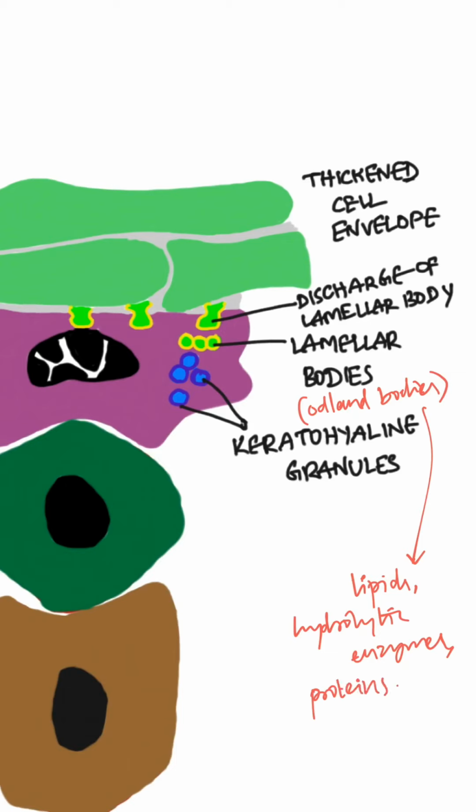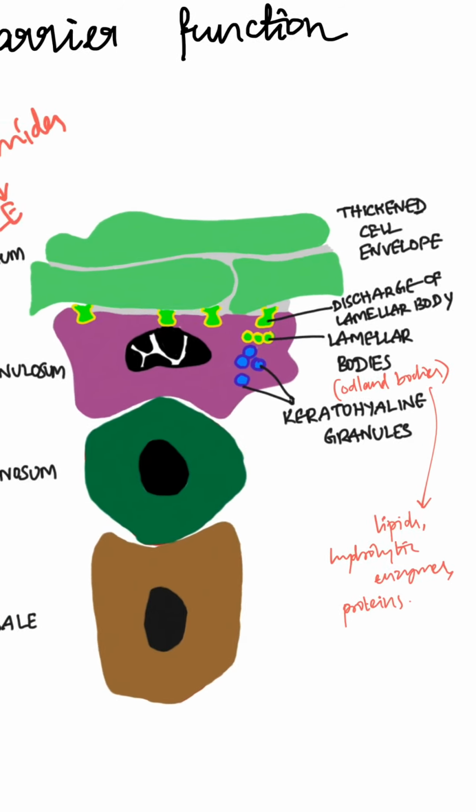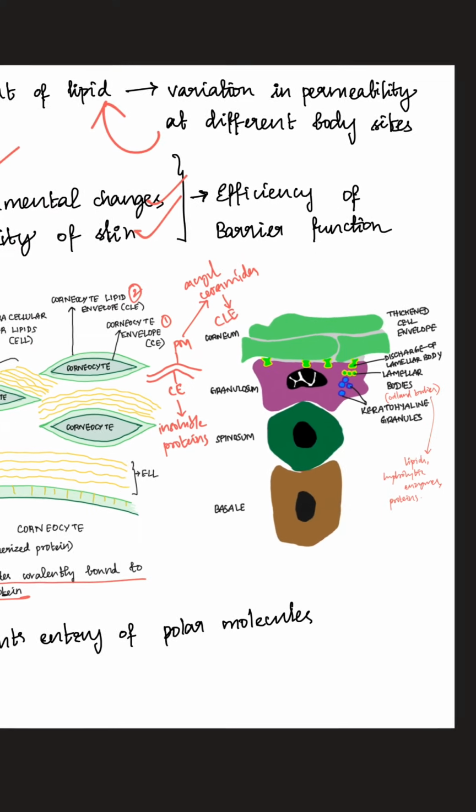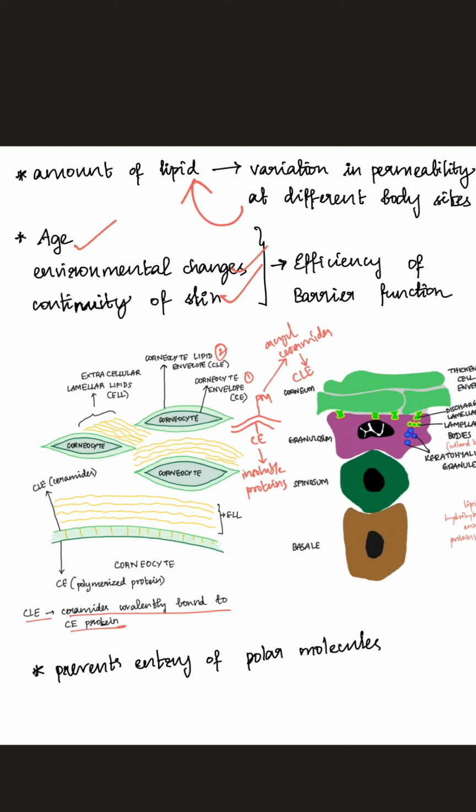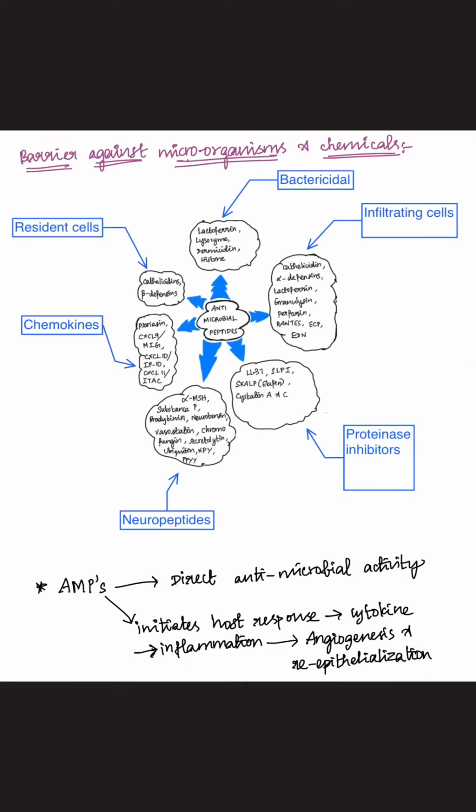These lamellar bodies are discharged from stratum granulosum and they secrete lipids into the intercellular spaces in the stratum corneum, which also helps in the barrier function. This barrier prevents the entry of polar molecules, whereas non-polar molecules are only slowed down. So the entry of polar molecules is totally prevented, whereas the entry of non-polar molecules is only slowed down. This is the barrier against chemicals and microorganisms.